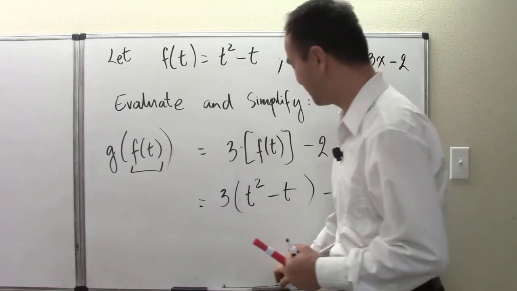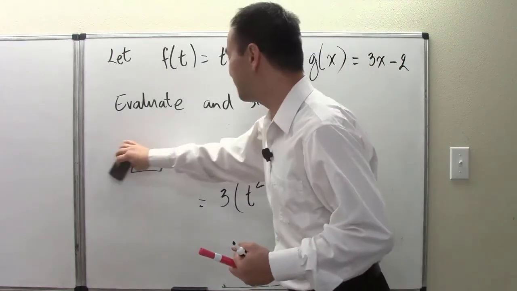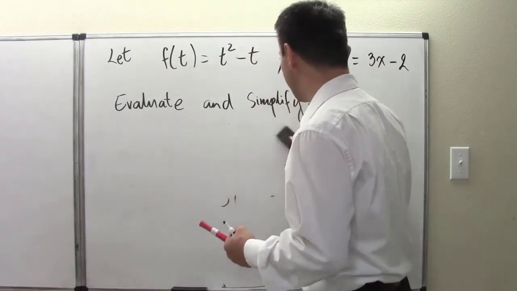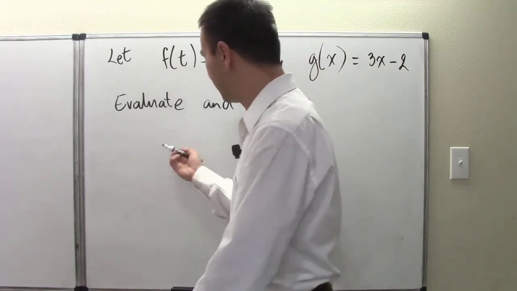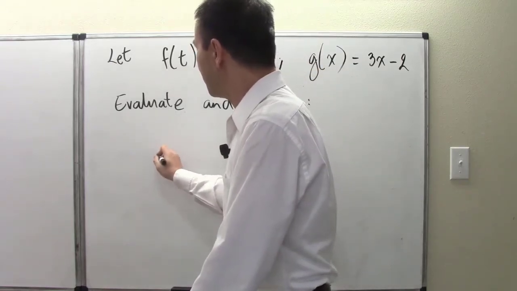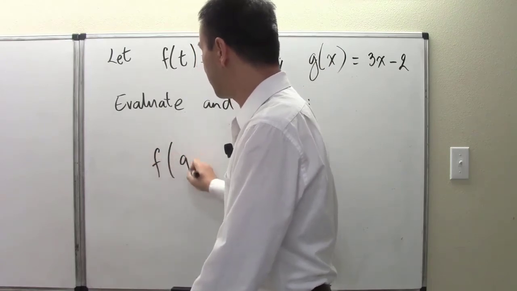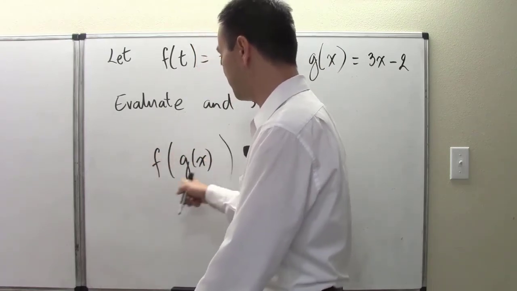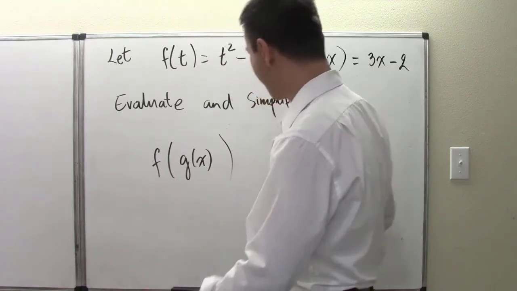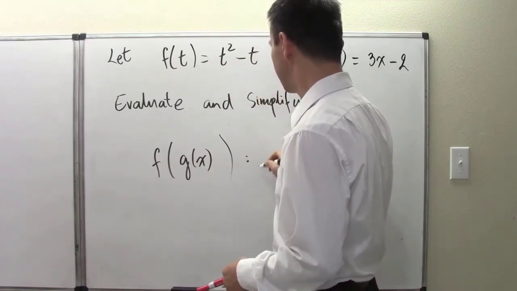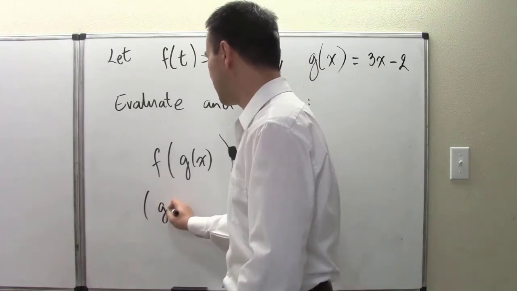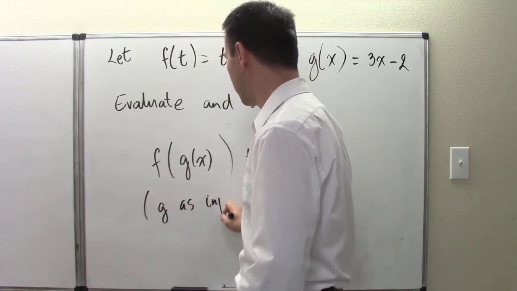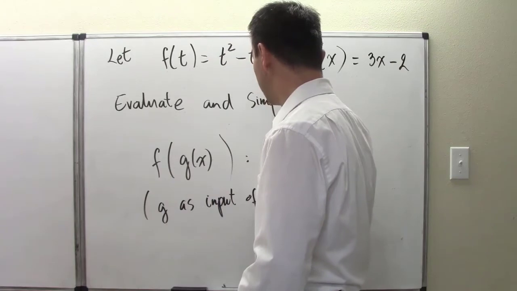Okay, so now we've had enough working around with this introduction problem right here. So now, ladies and gentlemen, allow me to say this. Both of those, so the f of g of x that we have done, we put g as the input of f. I mean, as a quick notation, g as input of f.